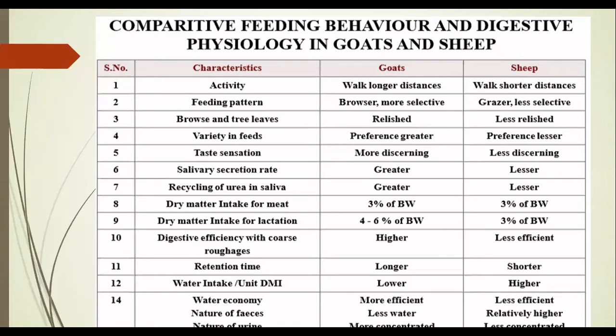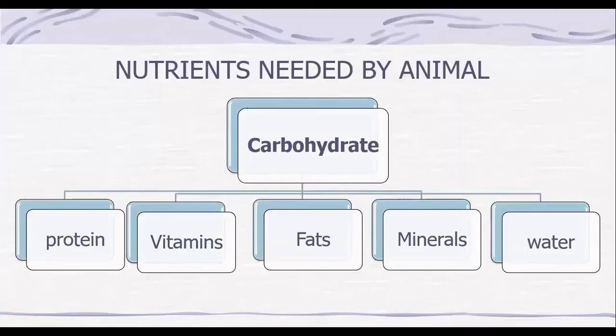Now, the nutrients needed by the animal: we have the carbohydrates, we have the protein, we have the fats, water also. These are feed ingredients that can supply all these nutrients to the animal.